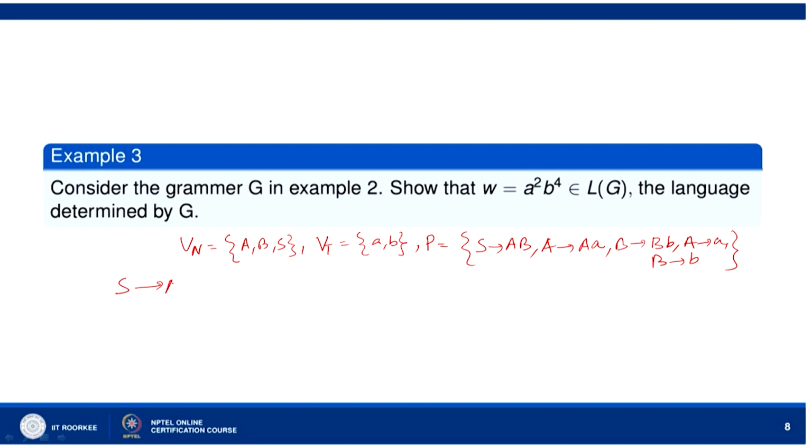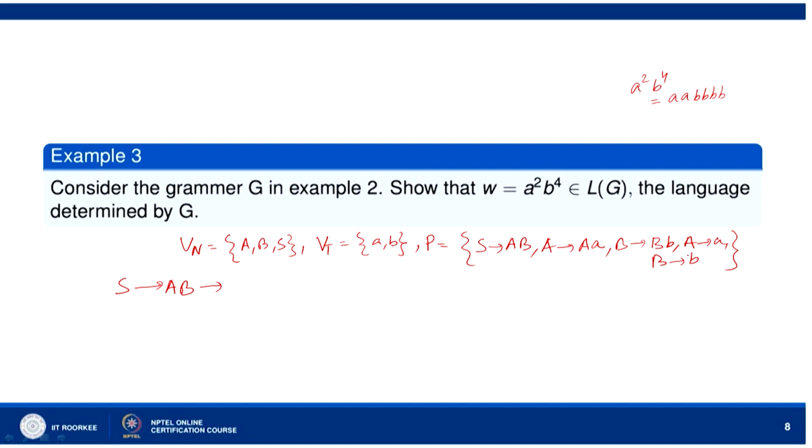So, we write AB here. Now, what we want? We want ultimately W. W means a square b to the power 4, which means aa, bbbb. So, that is aa means a square, bbbb means b to the power 4. Now, let us see how we will reach there.